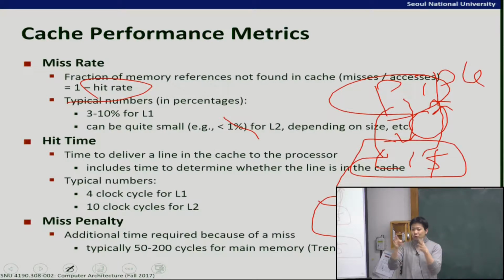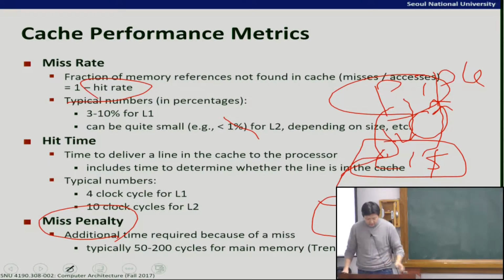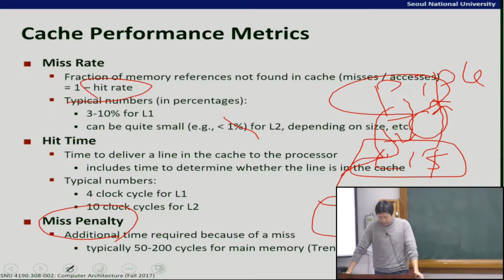If it's not there, you go further down the hierarchy to main memory, and if it's there, you get it from main memory. If it's not there, you even go to the disk, and you get the data from the disk, and then it comes back eventually to the pipeline. That is called the miss penalty: how many cycles it takes once you have a cache miss. It is defined as the additional time required because of a cache miss.